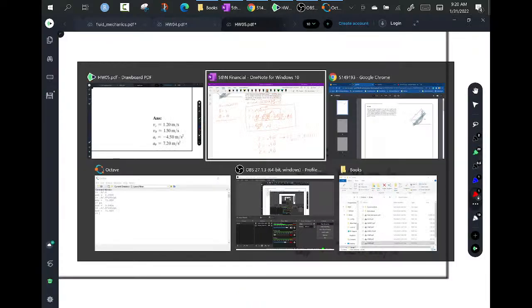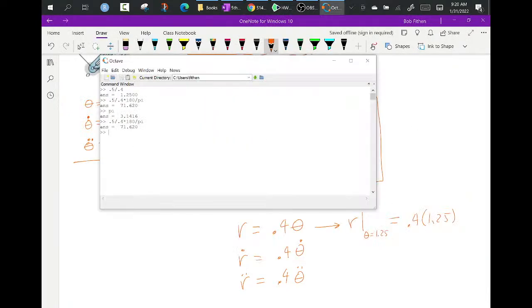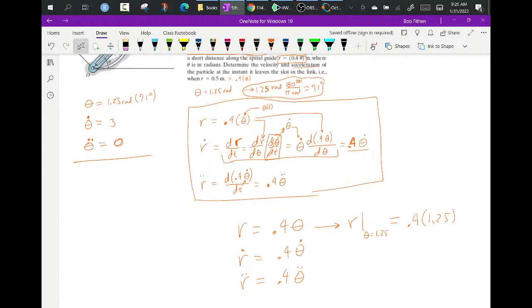Wrong one. Let me go back here. 0.4 times 1.25 should bring us back to the half that was initially stated right back here.